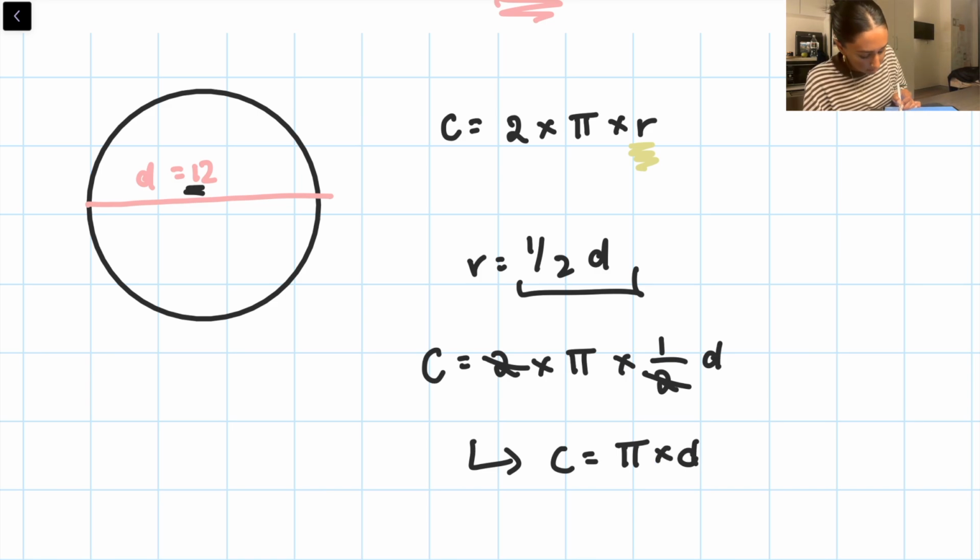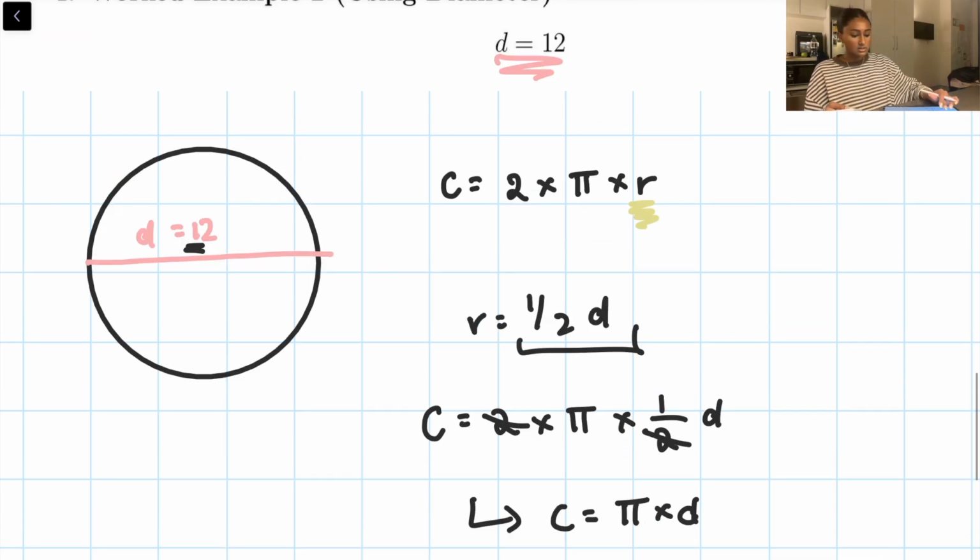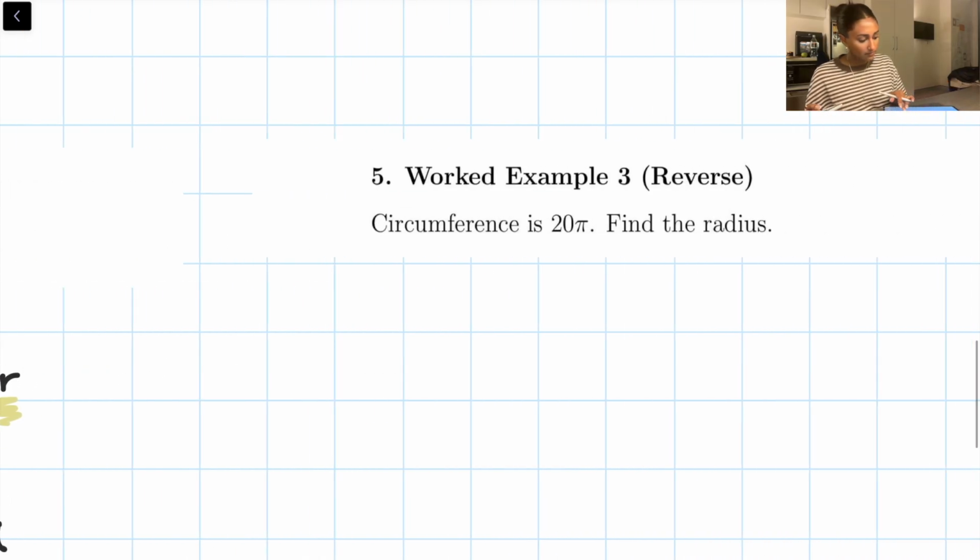And that way we can sub in this 12 here. So you're left with C is equal to 12 pi. If you put that in your calculator, you're left with circumference is 37.699. So that's the answer to that one there.